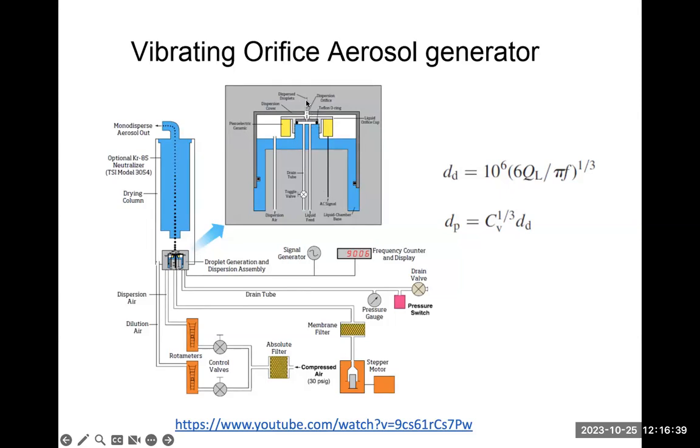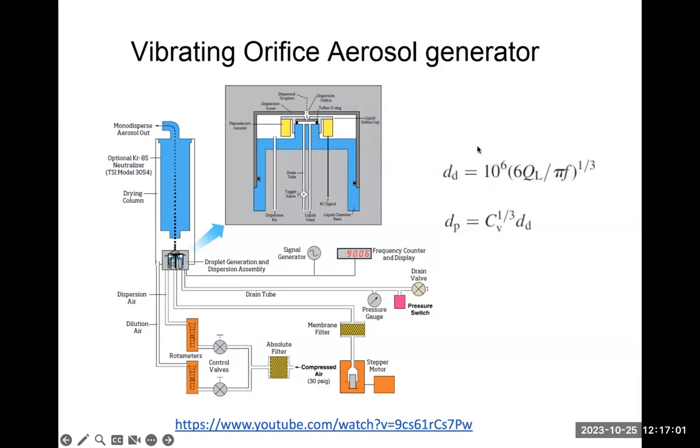The advantage of this method is that it can generate relatively uniform-sized droplets with a specific diameter. This diameter is also related to the working condition of the vibrating orifice aerosol generator, for example, the flow rate of the liquid and the frequency of the vibration.